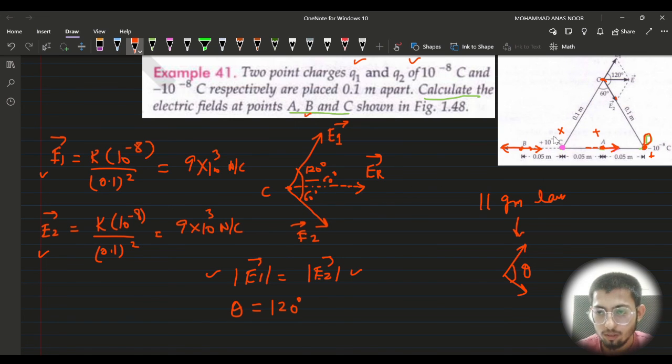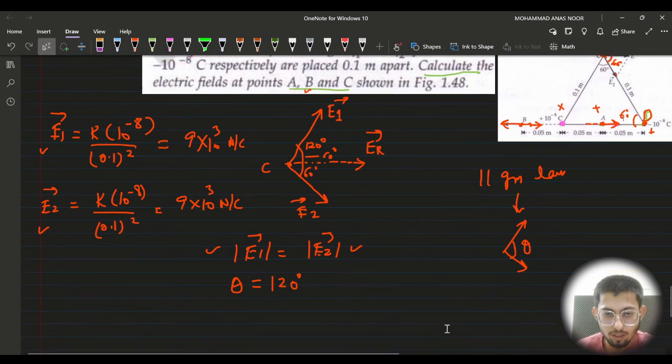Now you can say that the direction of ER would be parallel to this line, because they make alternate interior angles. This is 60, this is also 60. That is why this line should be parallel to this.